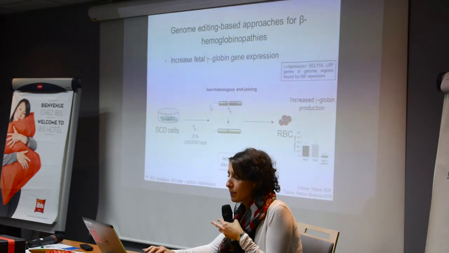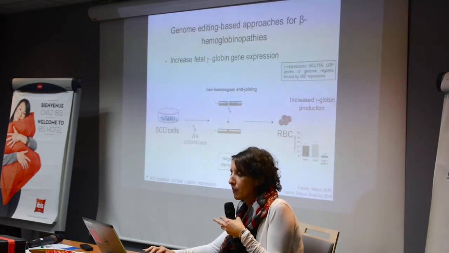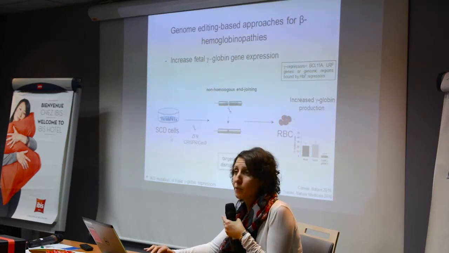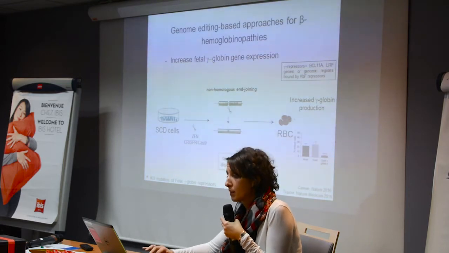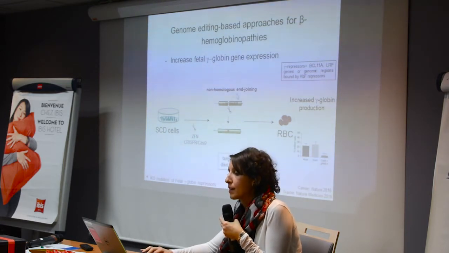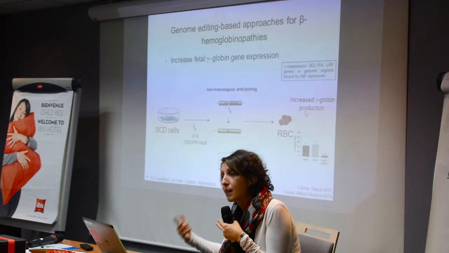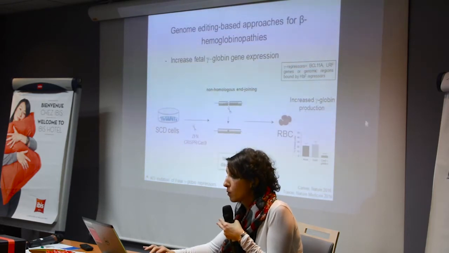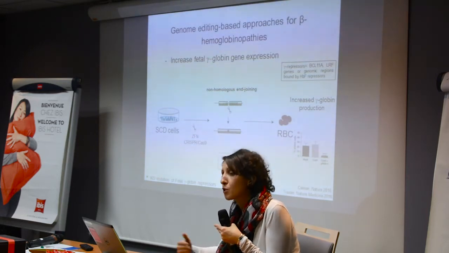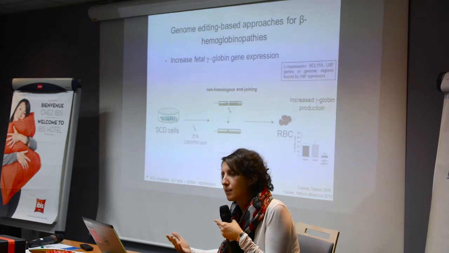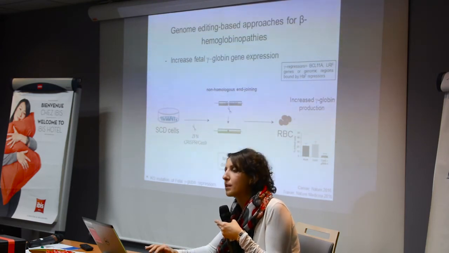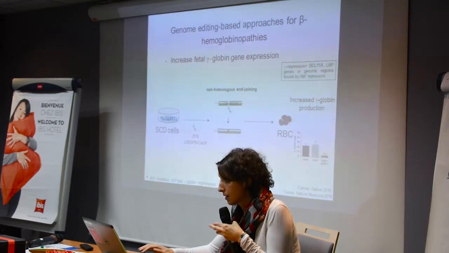And this is what we and other groups have done. We have treated cells coming from sickle cell disease patients with our genome editing tools, and we inactivated the repressor of the gamma globin gene. We were able to achieve increased gamma globin production, and we and other groups were also able to show that this increased gamma globin production ameliorates the sickle cell disease phenotype by reducing the percentage of sickling cells.